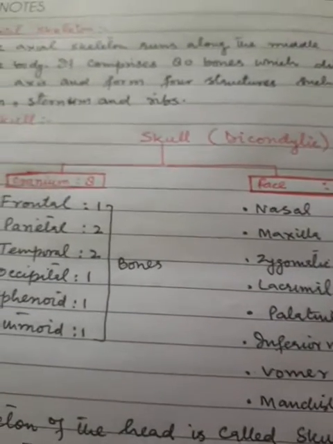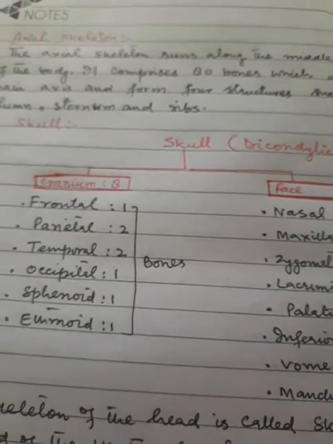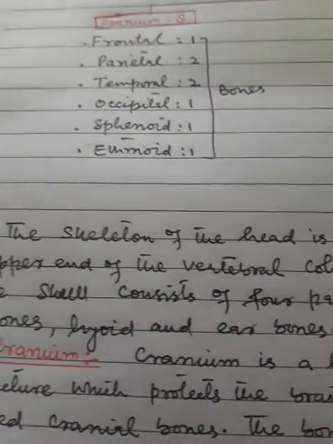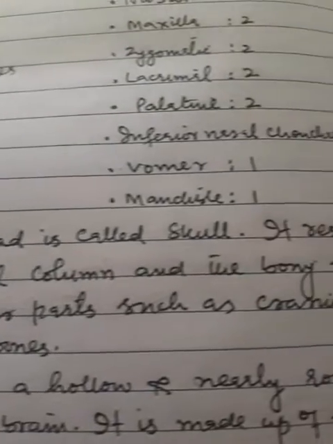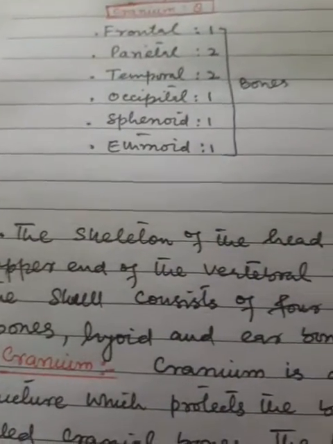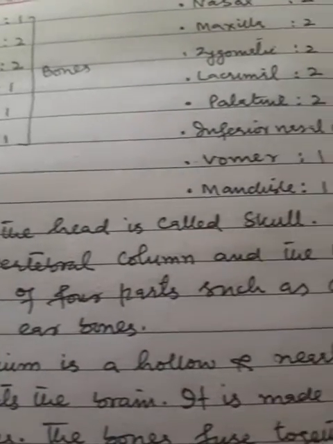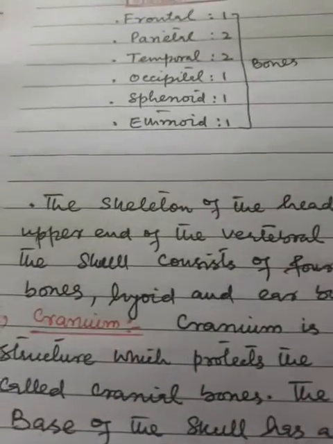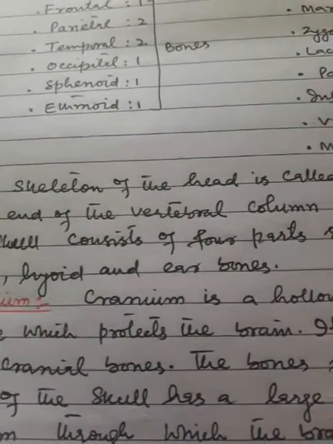So the total is 14 bones for the face and 8 bones for the cranium. The skeleton of the head is called the skull. It rests on the upper end of the vertebral column, and the bony structure of the skull consists of 4 parts: cranium, facial bones, hyoid, and ear bones.